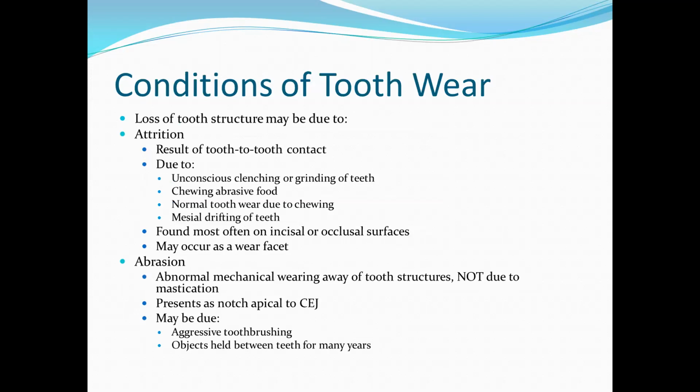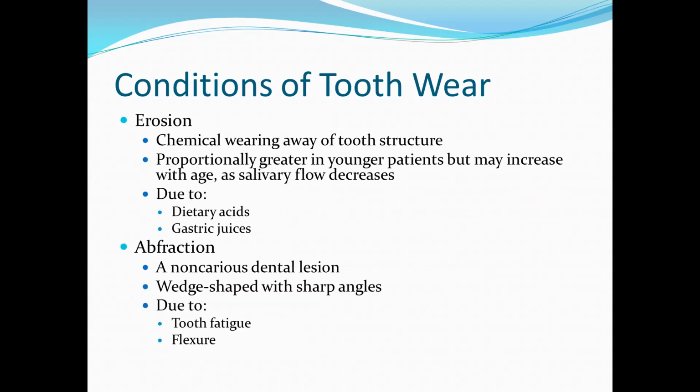You're looking for tooth wear, attrition, tooth-to-tooth contact. Patient might not be aware of what their habits are doing. Abrasion, right? You're looking at the CEJ areas and for any recession. Erosion is the chemical wearing away. Where is the erosion? Is it on the linguals?